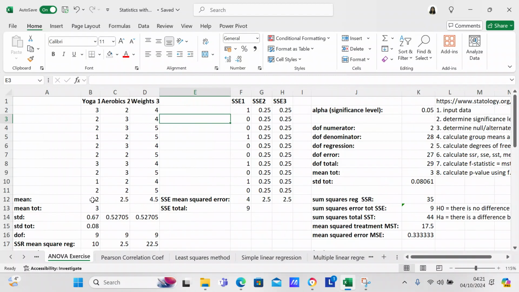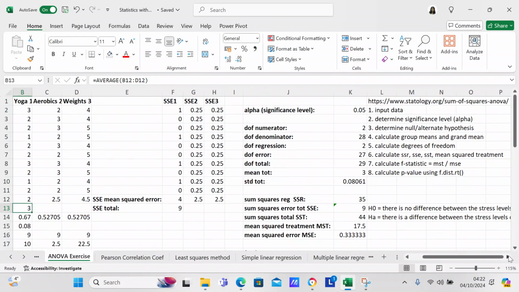So for the mean, we're going to use the average for B, C, and D. So you're going to get your means, and then you're going to get your group means, and that's going to be the average of B12, C12, and D12. And so you have a group mean of 3.